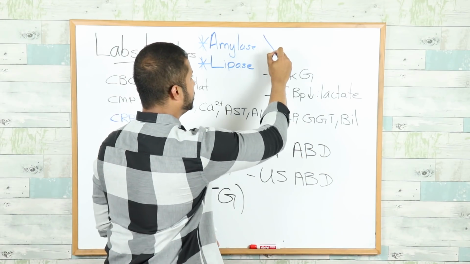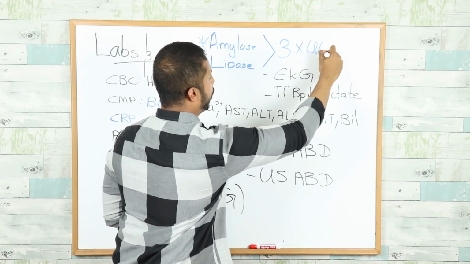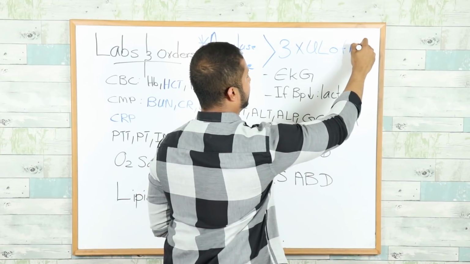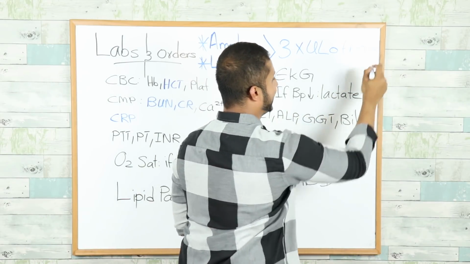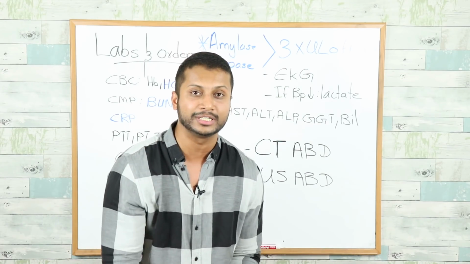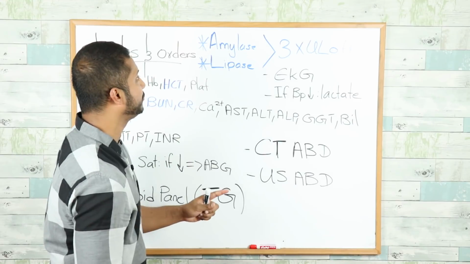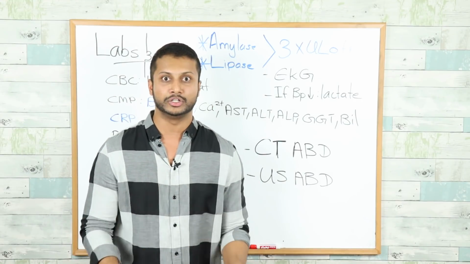And remember, how much should it be? It should be greater than 3 times upper limit of normal. Right? Now this is how you're going to tell if the patient has acute pancreatitis or not. Amylase and lipase, it becomes such an important test. Alright, so make sure you guys never ever forget amylase and lipase in these patients.